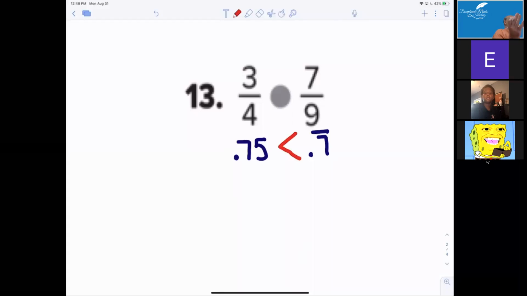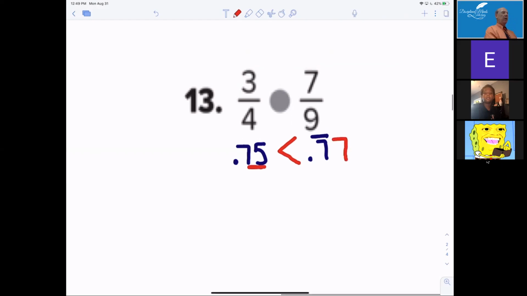We have 12 people all together. Does anybody have any questions with 0.75 is less than 0.7 repeating? Now, again, I always try to remind kids, we can look at that and put a 7 there also. And now it's easier to see. Does everybody agree? Because the number of decimal places has nothing to do with it.